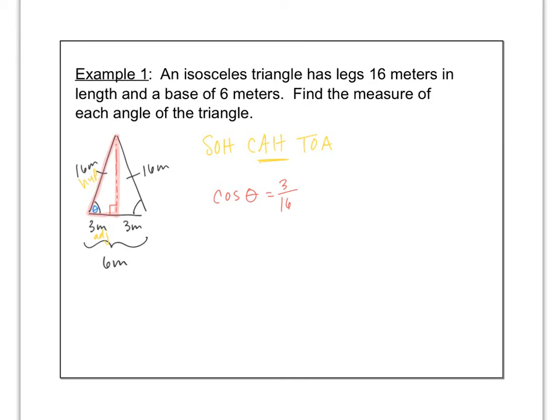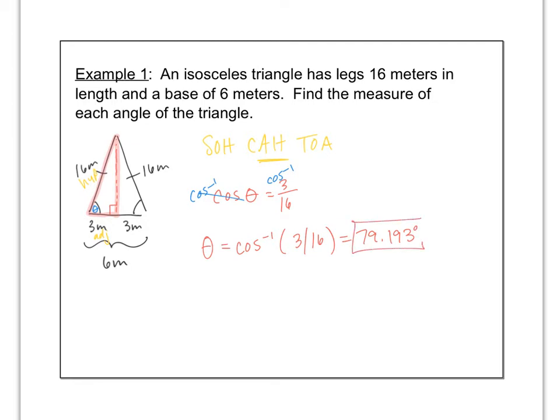To get theta by itself, you have to do inverse cosine so that it gets rid of the word cosine. And you're going to wind up with theta equals inverse cosine of 3 divided by 16. And then you can type that directly into your calculator. You should get 79.193. Again, make sure your calculator is in degrees.